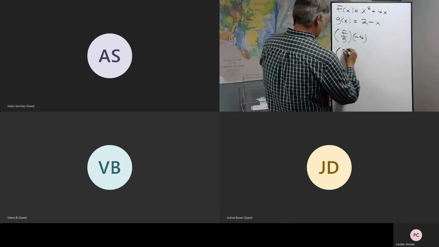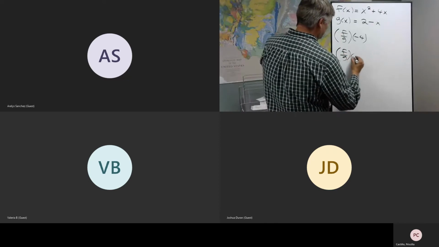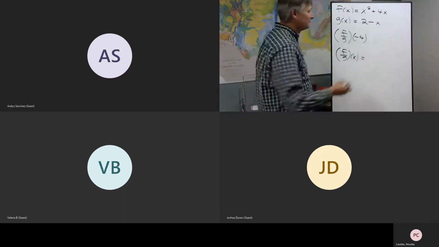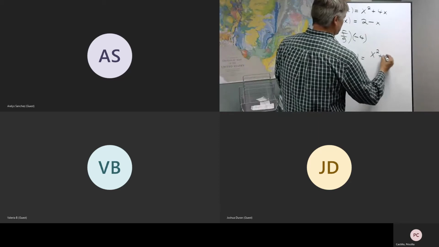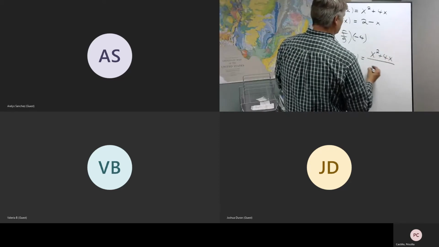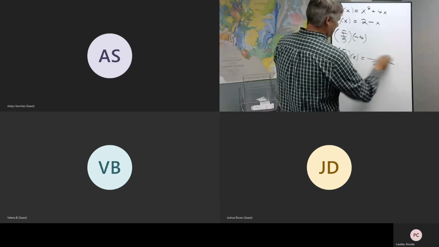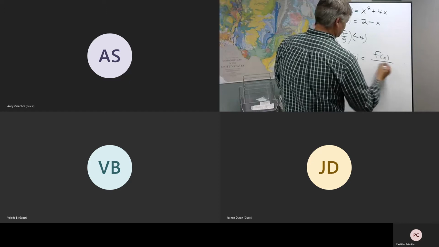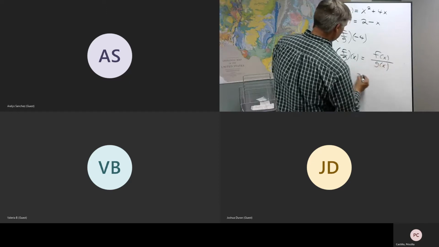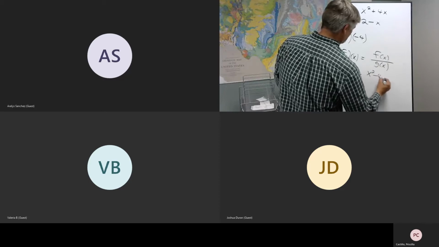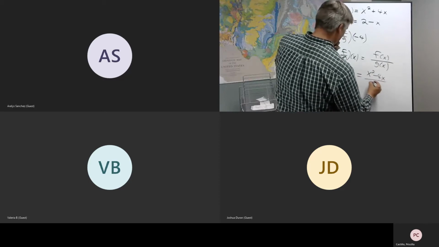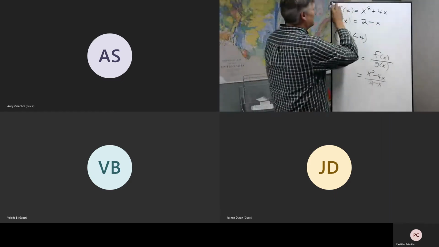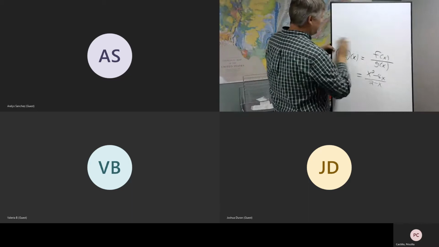So what this is saying is, let's take a look at f over g of x. Well, that means we take the function f, we divide it by the function of g. So that's f over g of x.